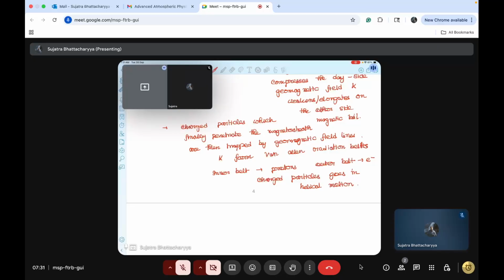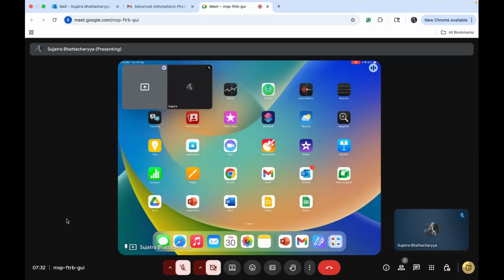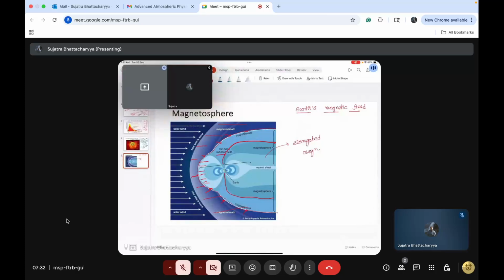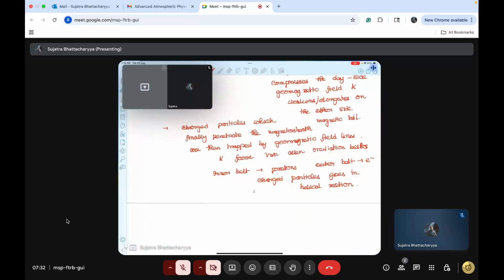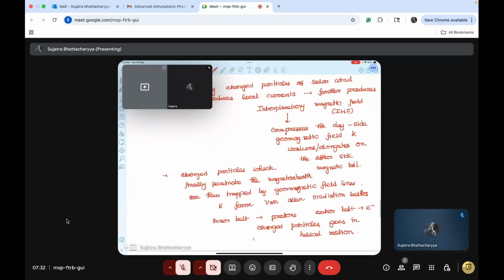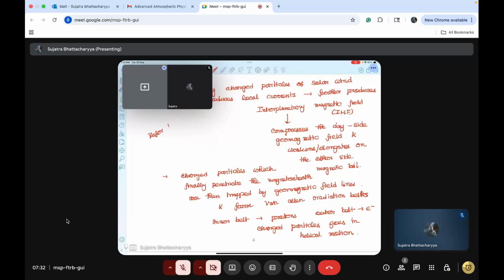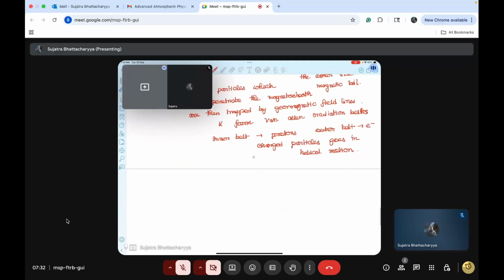So this is what you have. This is what I call the Van Allen radiation. Okay, so this completes the expressions of the Earth's magnetic field. So refer to the PPT, I will share it. Okay, so these are a couple of things.